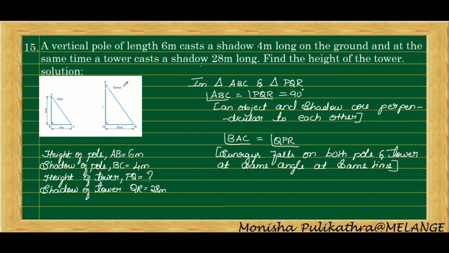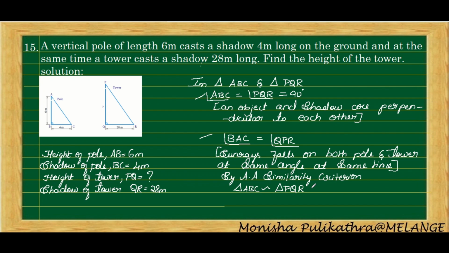Therefore, this angle will be equal to this. Since two angles are equal, by the AA similarity criterion, triangle ABC is similar to triangle PQR.